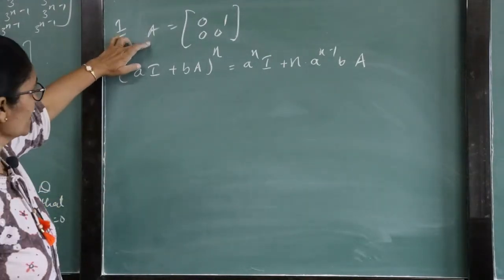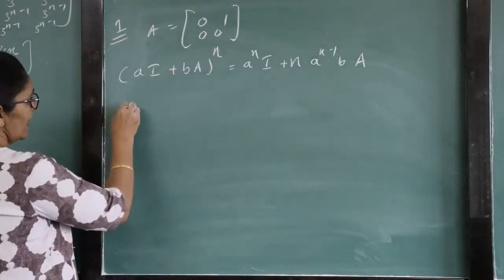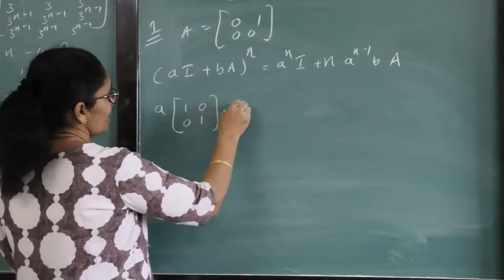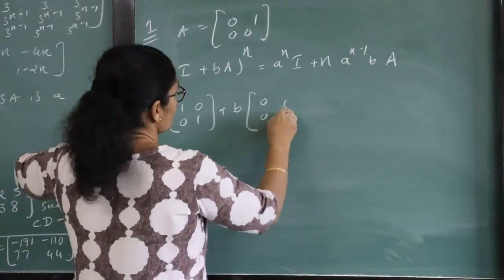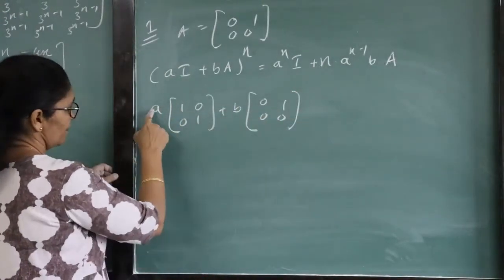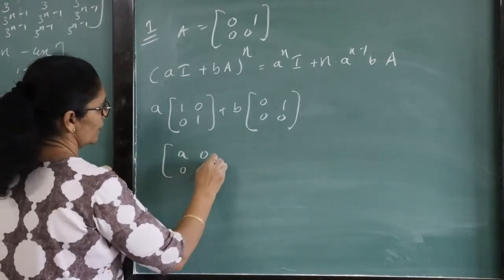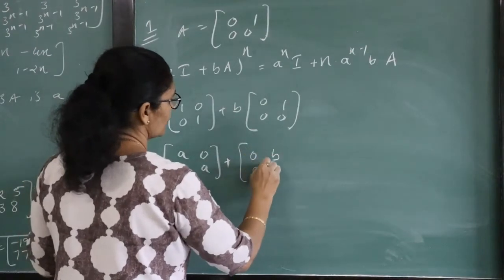Here we have matrix A, and we have been given power n. So first we discuss aI + bA, where I is [1 0; 0 1] and A is [0 1; 0 0]. First we simplify this side. Taking a inside, we get [a 0; 0 a], and taking b inside, [0 b; 0 0].